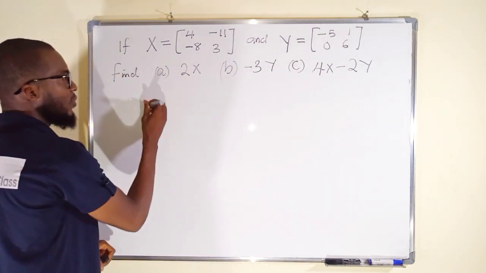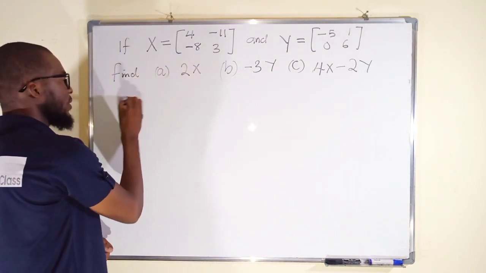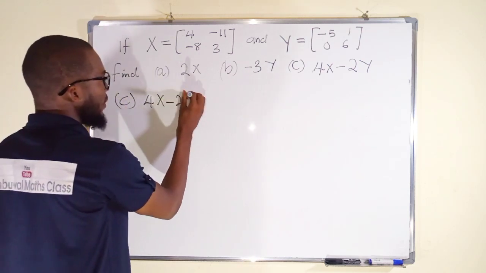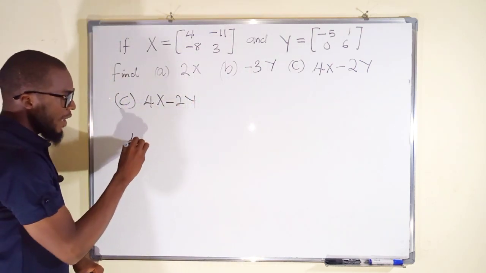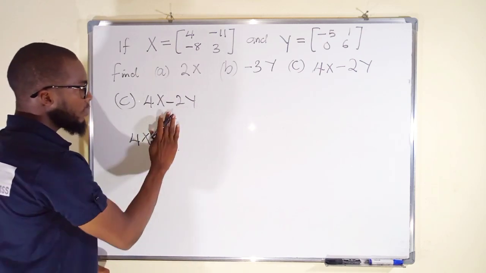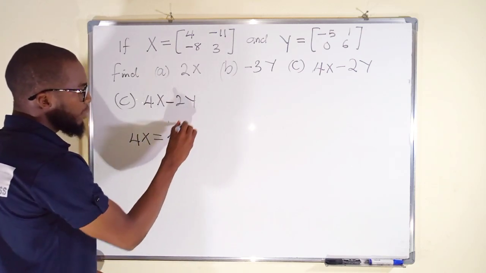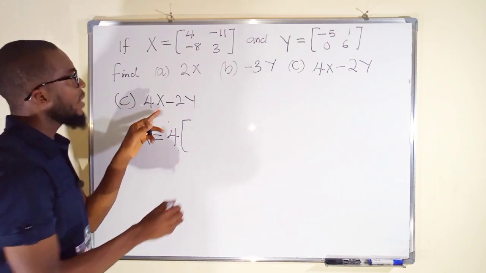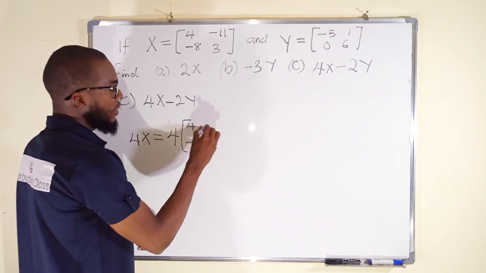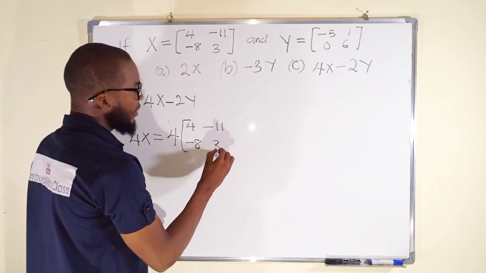So let's begin with this 4x. See, we're asked to simplify 4x minus 2y. 4x will be equal to 4 multiplied by this matrix x, which we have here as 4, negative 8, negative 11, 3.